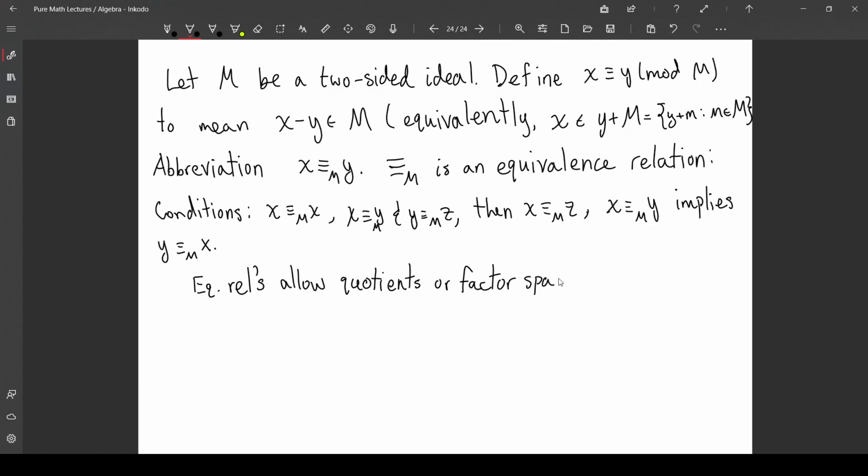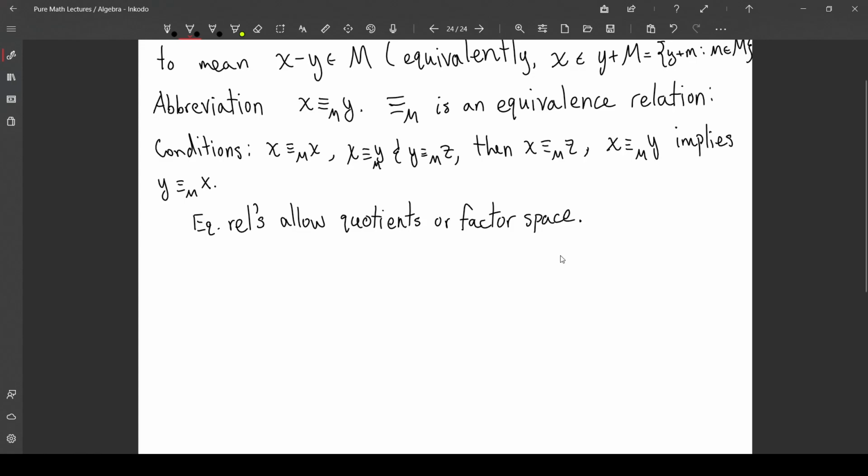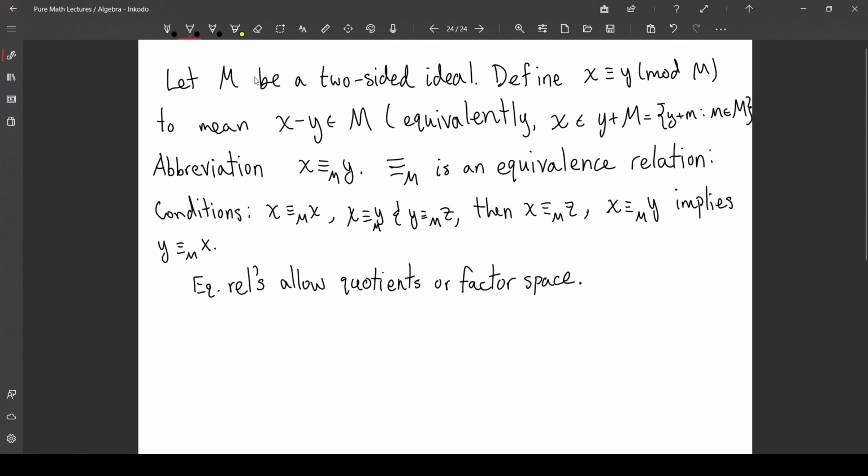In other words, if you have an equivalence relation on a set, you consider the set of equivalence classes, where essentially you put all the elements that are congruent to each other in one box, and then a bunch of other elements which are congruent to each other in another box, and that gives you the quotient or factor space. And so we'll see that, given a two-sided ideal, we have this equivalence relation, so we can look at the factor space R mod M.